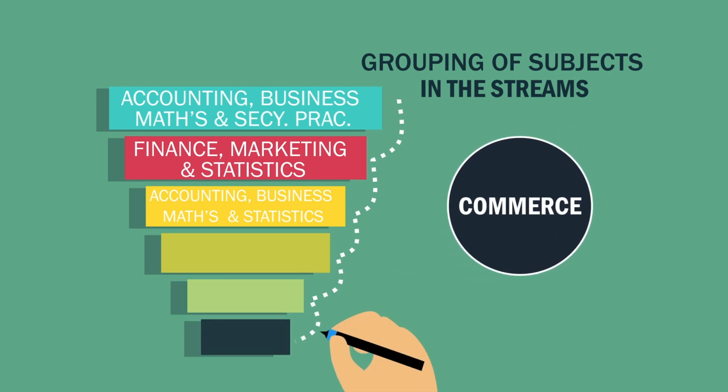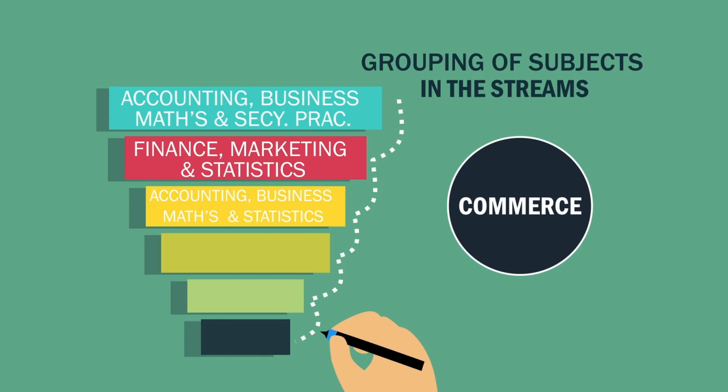And further, to talk about the commerce discipline, you will find three groups which are now appearing on your screen. The students may select one group among these three. One is accounting, business mathematics and statistics, three subjects they will study.